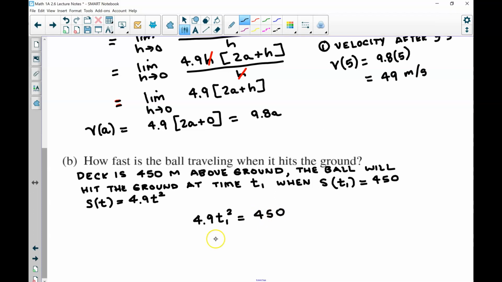Now, if we divide both sides by 4.9, then we know that t1 squared is going to equal 450 divided by 4.9. And so taking the square root of both sides, we're always going to take the positive value of time. So it's going to be the square root of 450 over 4.9, and that's going to be approximately 9.6 seconds.